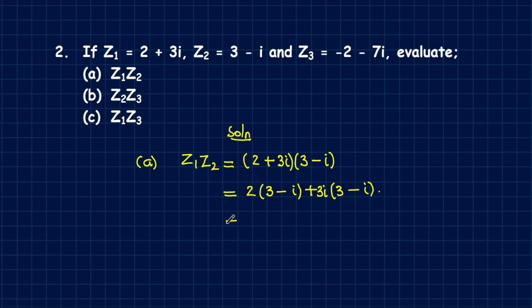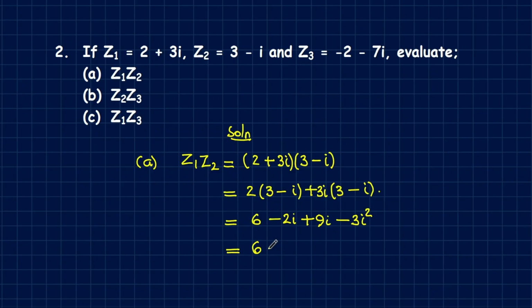So when we go ahead and multiply these numbers, we have 6 minus 2i plus 9i, and positive times negative is negative. 3 times 1 is 3. i times i is i squared. So simplifying the terms in the middle, we have 6.